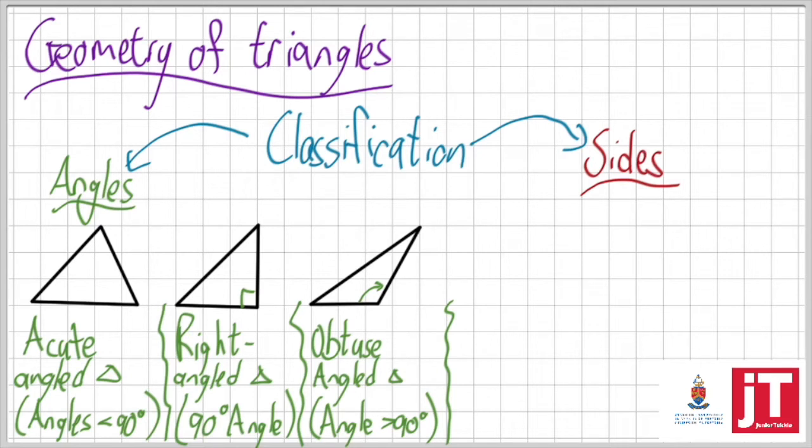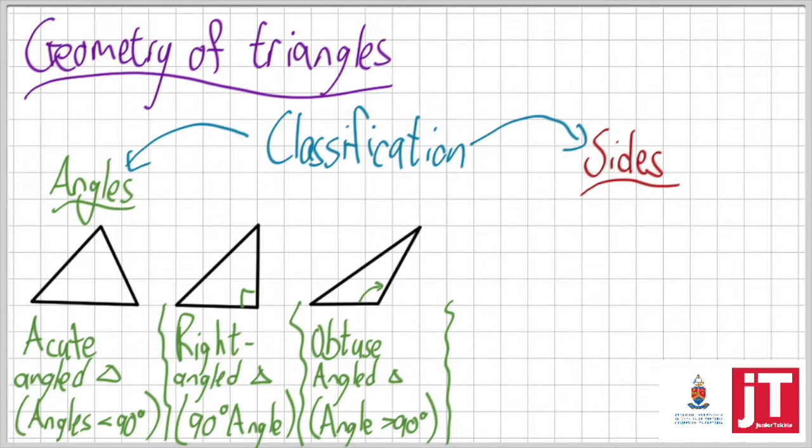But interestingly enough, in grade 11, sometimes we're going to get two different answers. Some of them are going to lead us towards acute angle triangles, and the other one is going to lead us towards obtuse angle triangles. So there we've got our three basic triangles according to angles.